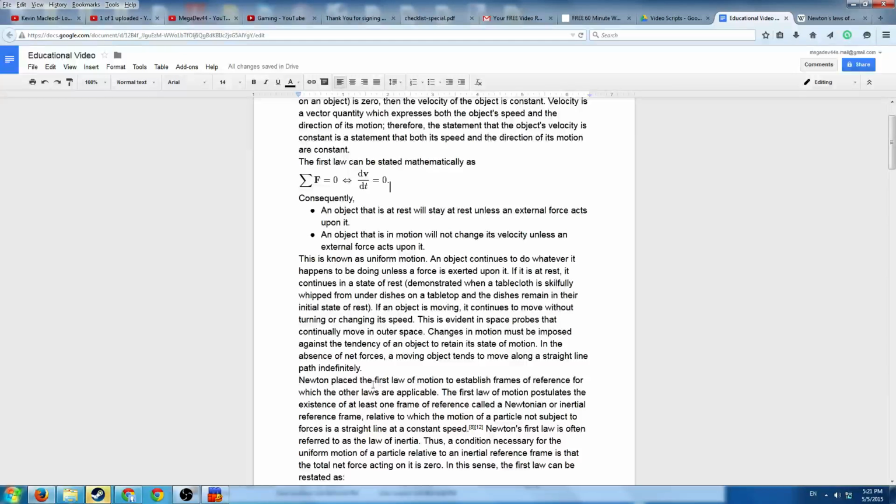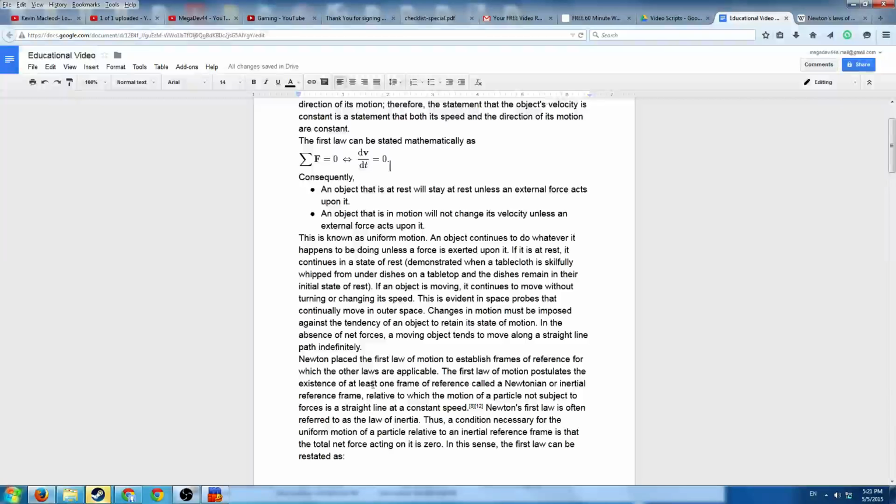Thus, a condition necessary for the uniform motion of a particle relative to an inertial reference frame is that the total net force acting on it is zero.